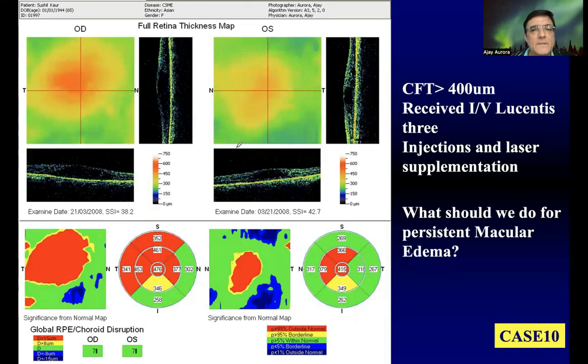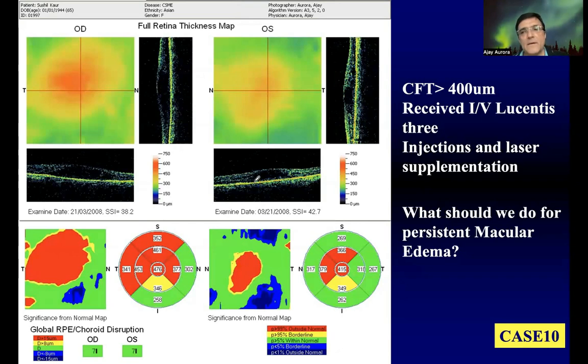Patient received injections in both the eyes, but the macular edema did not respond. I consulted the physician and he said, sorry, the hemoglobin is not going to go up because she's thalassaemic. So in such a situation, it is important to increase the oxygenation of the macular area.